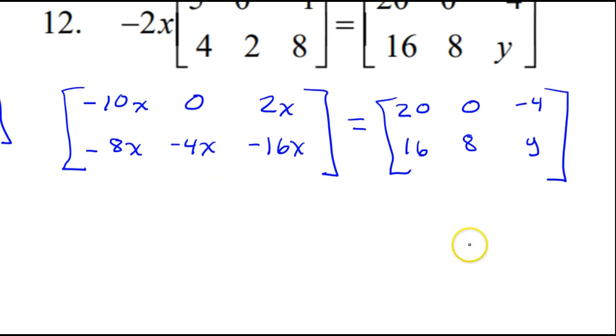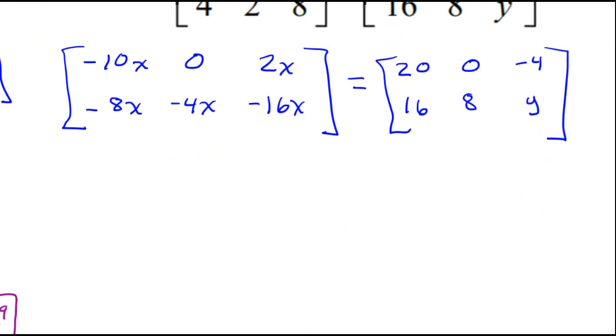So I can make some equations by setting corresponding terms equal to each other. So for example, negative 10x, well, you know, let me pick an easy one. 2x should equal negative 4.